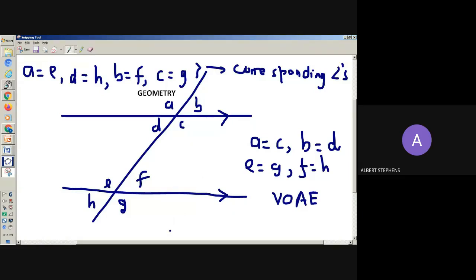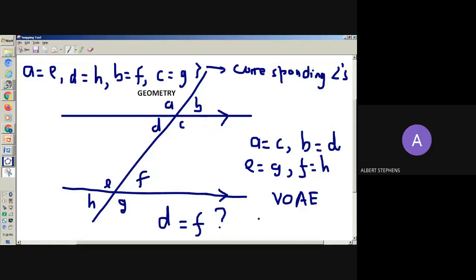Let me ask a question. Is D equal to F? If so, why? Yes, sir. What's the reason? Alternate angles, Z angles. Right. Please don't go to the exam and say Z angles here.